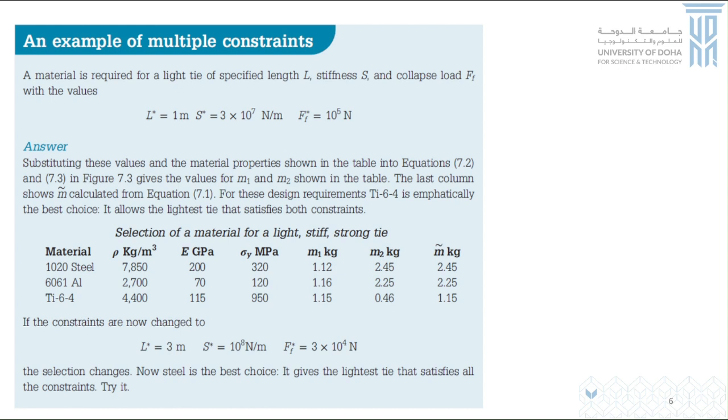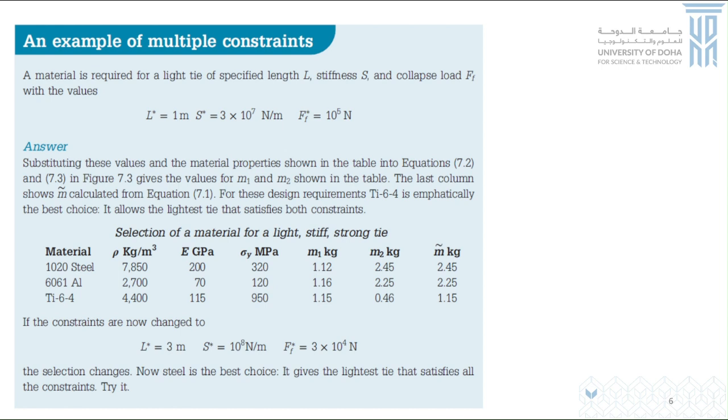In this case, my length is constrained to 1 meter. My spring stiffness, based on the deflection requirement, I can work that out, is 3 into 10 to the power 7 Newton per meter. And my force is limited to a maximum value of 10 to the power 5 Newton. I'm not going to go higher than that.